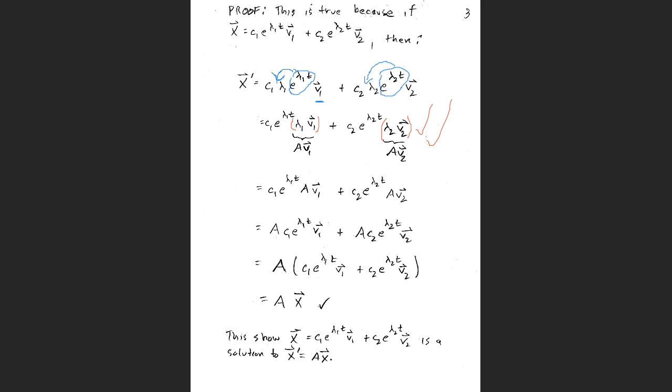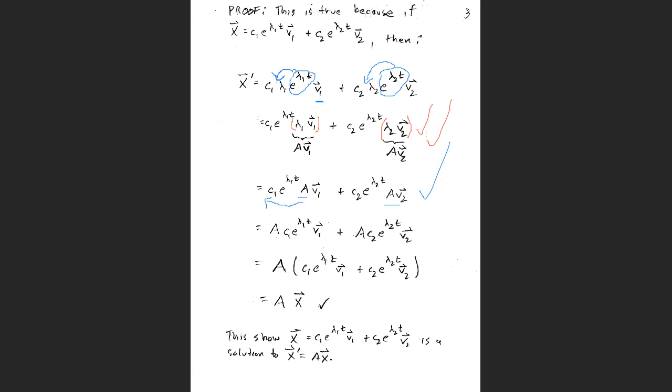But what we do now is I just rewrite it here, the expression for our derivative vector. And then what I do is the matrix A, I can bring it out in front of these scalars.